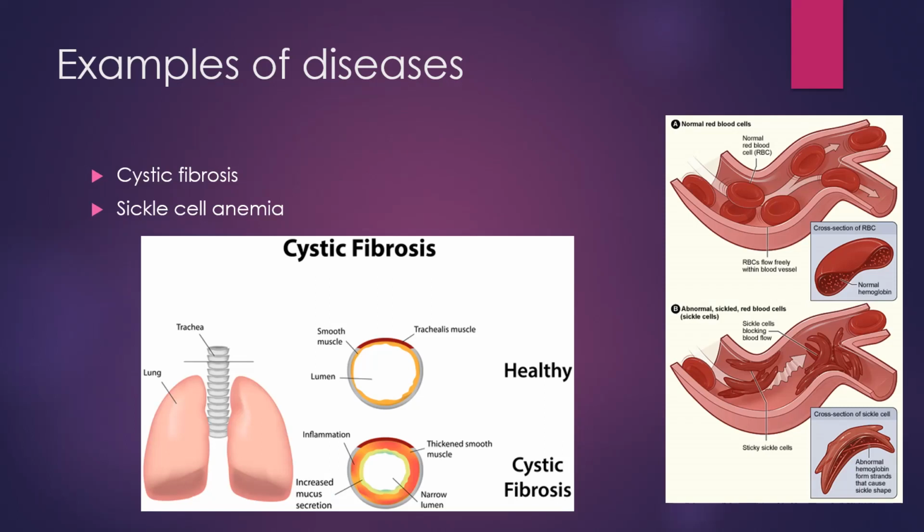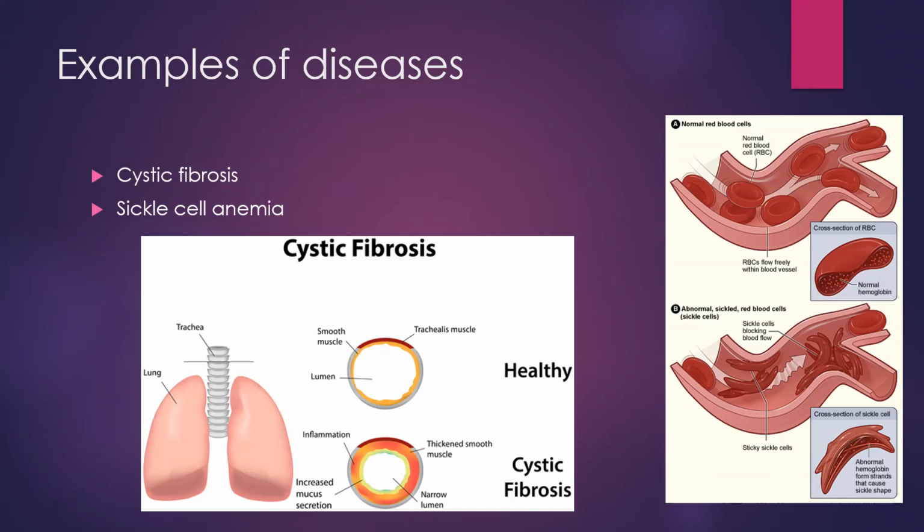Examples of diseases. Finally, we can discuss some examples of diseases caused by point mutations. The first is cystic fibrosis. This is an inherited disease characterized by a buildup of thick, sticky mucus that can cause damage to many of the body's organs.